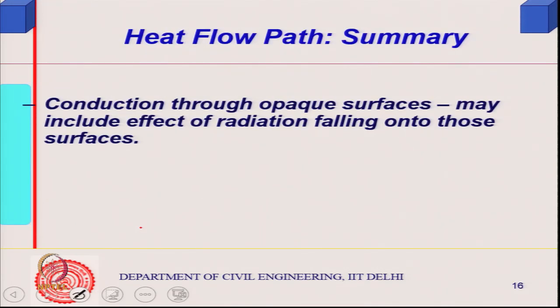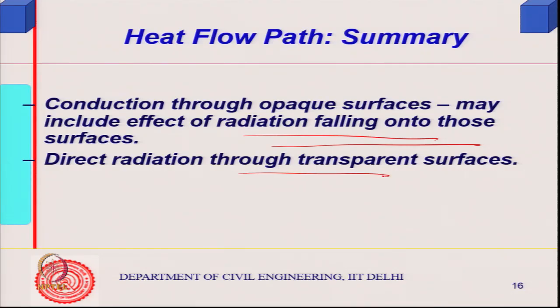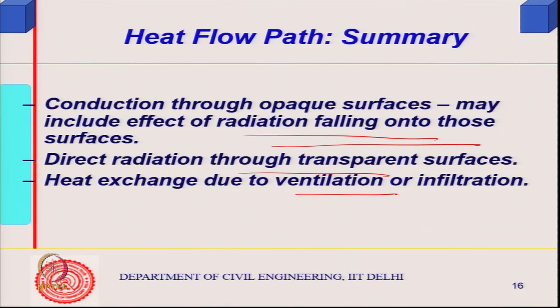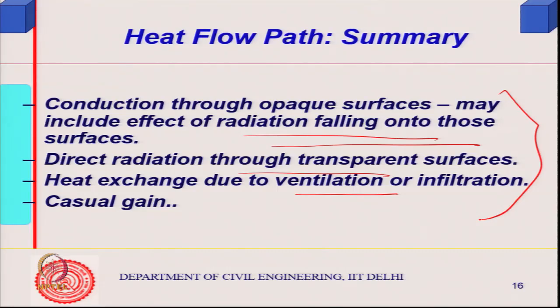So, if I summarize them, conduction through opaque surfaces may include the effect of radiation falling onto those surfaces, because the opaque surface will get heated up, and direct radiation through transparent surfaces, glasses, and heat exchange due to ventilation or infiltration, and casual gain. So, all these diagrams that are far more complicated, finally I might summarize into these four for our purpose.